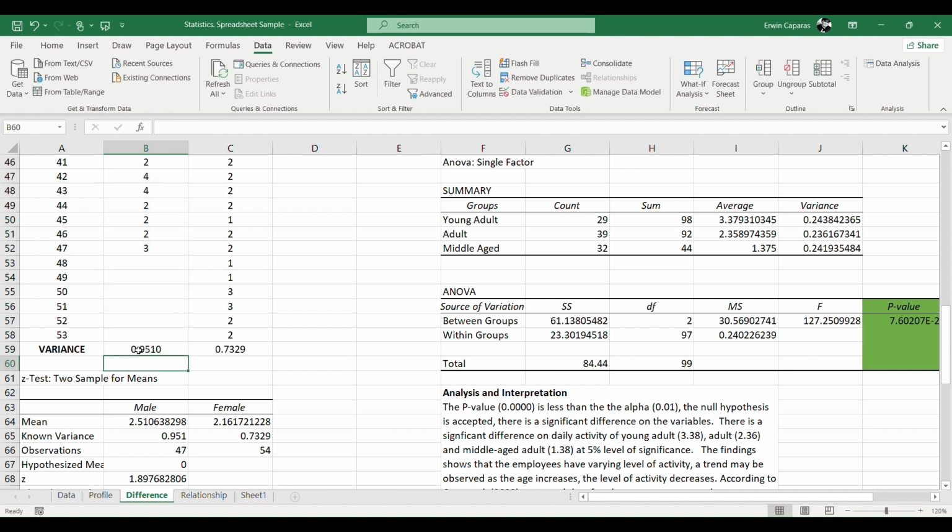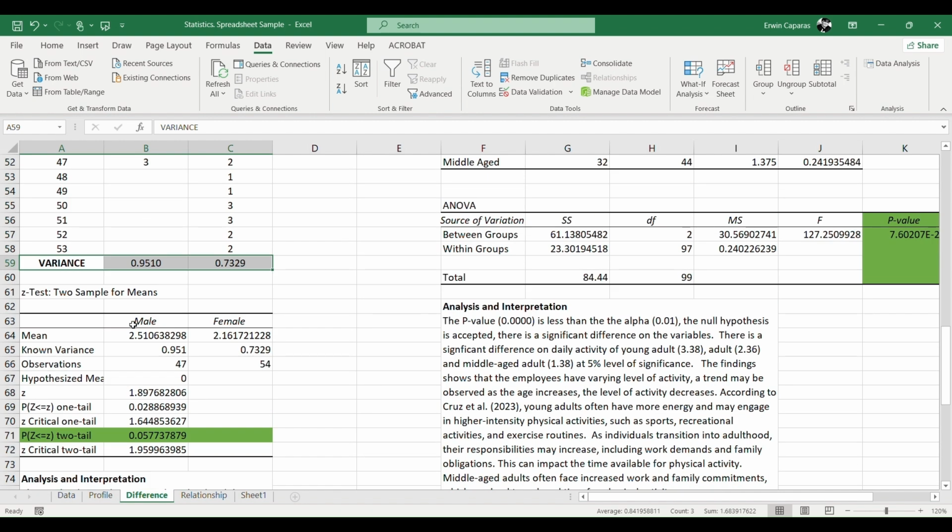So the variance of the data for male is 0.9510, and then we just copy and paste for the female. We have copied the formula, so we have 0.7329. Now that we have computed for the variance, we are now ready to compute for the z-test.